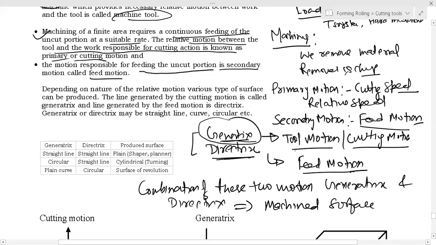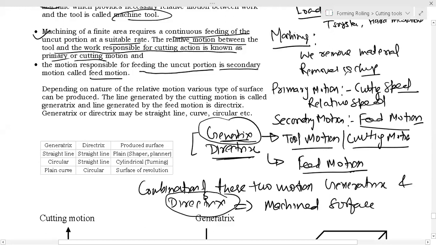You have to remember this because you may confuse or sometimes forget. Directrix means somewhere it directs, it guides, right? Direction. And generatrix means the surface is generated, right? So by cutting motion, the surface is generated.